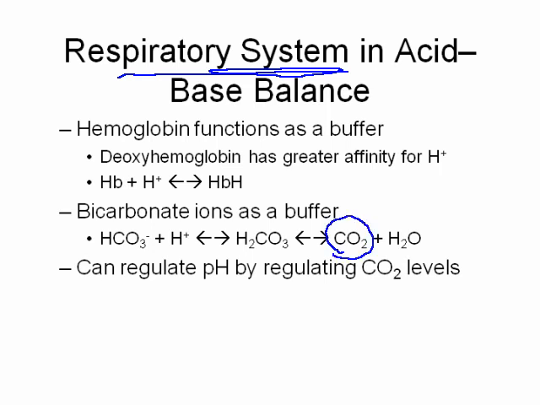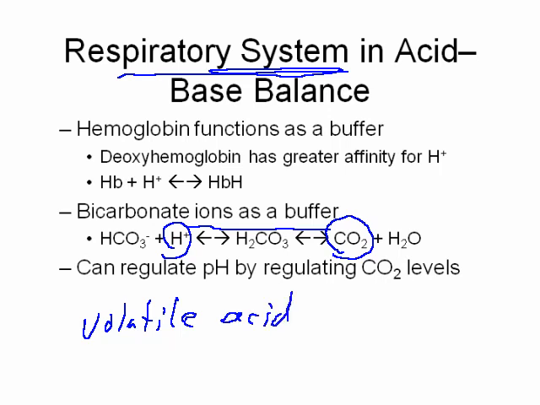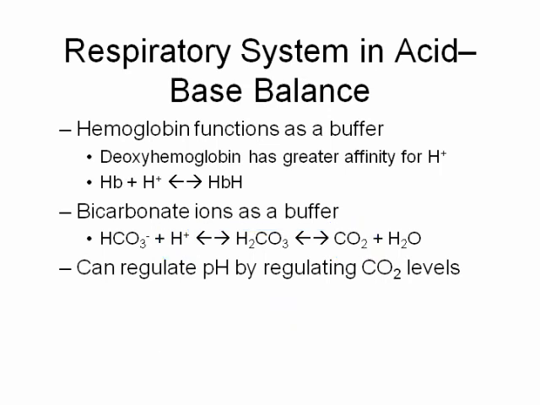This CO2 molecule is functionally equivalent to this hydrogen ion. And for this reason, CO2 is quite often called a volatile acid. Of course, from a chemist standpoint, it's not an acid at all. But from a physiologic standpoint, as CO2 is eliminated from the body, we've eliminated a hydrogen ion. So it acts as though it's an acid and volatile, meaning that it can be blown off. So the respiratory system regulates pH by regulating CO2 levels.